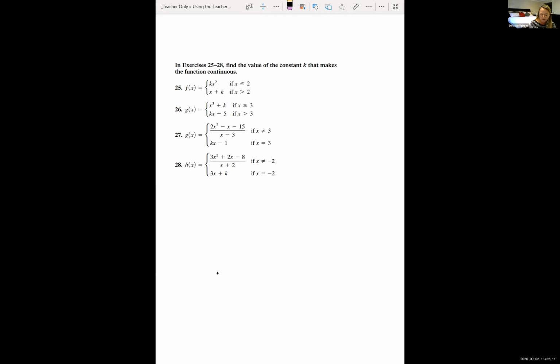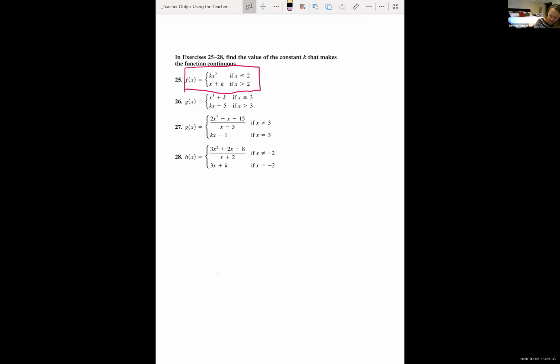I know that x plus some constant is continuous everywhere. The only problems I would have are when I'm changing equations, and that would be at x equals 2. That's the only thing we're worried about, that those give us back the same numbers so that it's continuous.